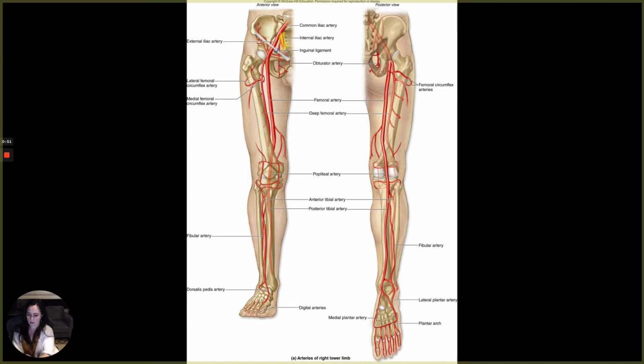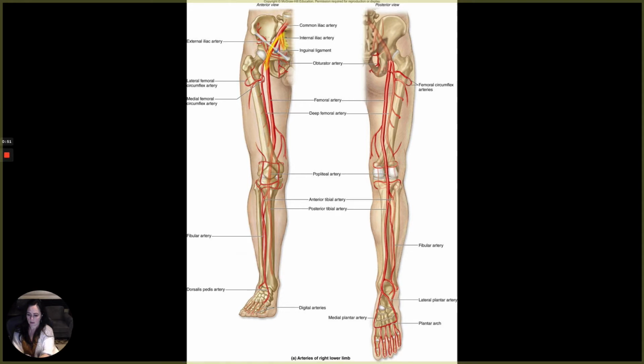That's all coming from the internal iliac artery. And then the external iliac artery supplies the lower extremities, but also the external genitalia, like the penis and the clitoris.